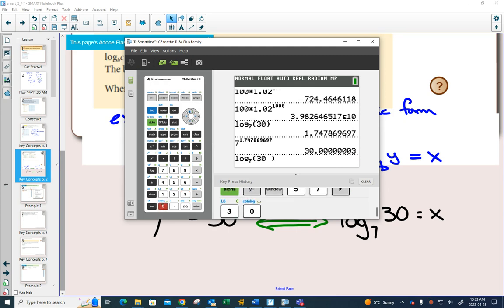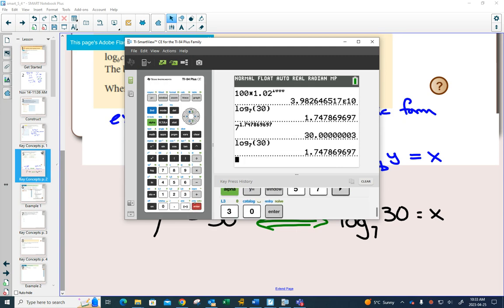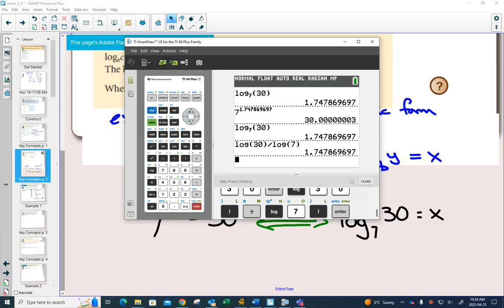But some calculators don't have the log base button. They only have the regular log, which looks like this. And just interestingly, we're going to find out why this works later, that log 30 divided by log 7 happens to be the same thing.